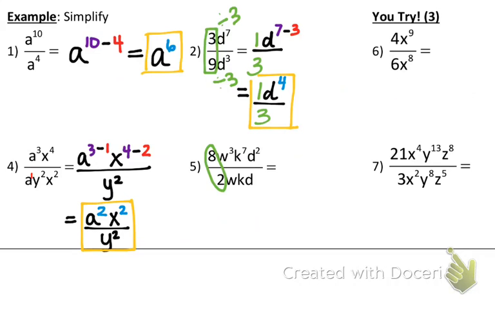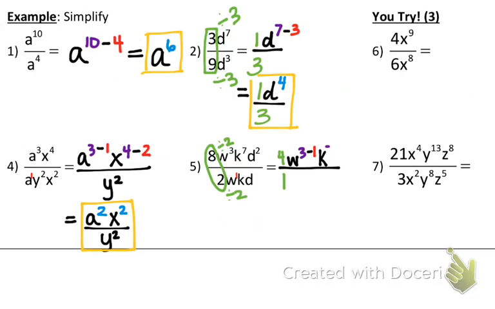And in our last example, again, we have 8 divided by 2. Both of those can be divided by 2 and simplify to 4 over 1. So we simplified our coefficient. Now let's move into our variables. So w cubed minus 1, because our w on the bottom has an exponent of 1.